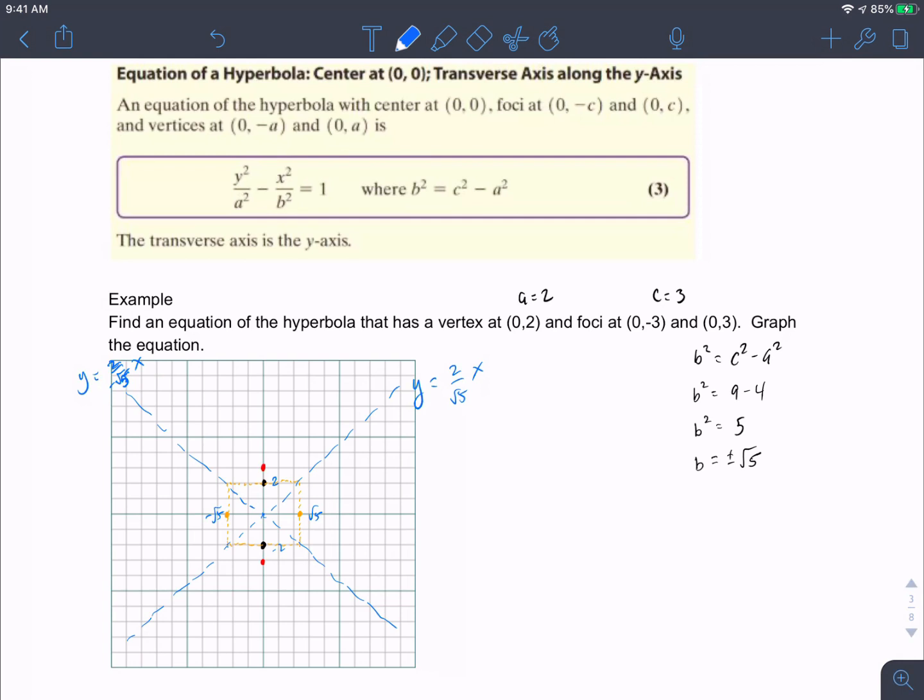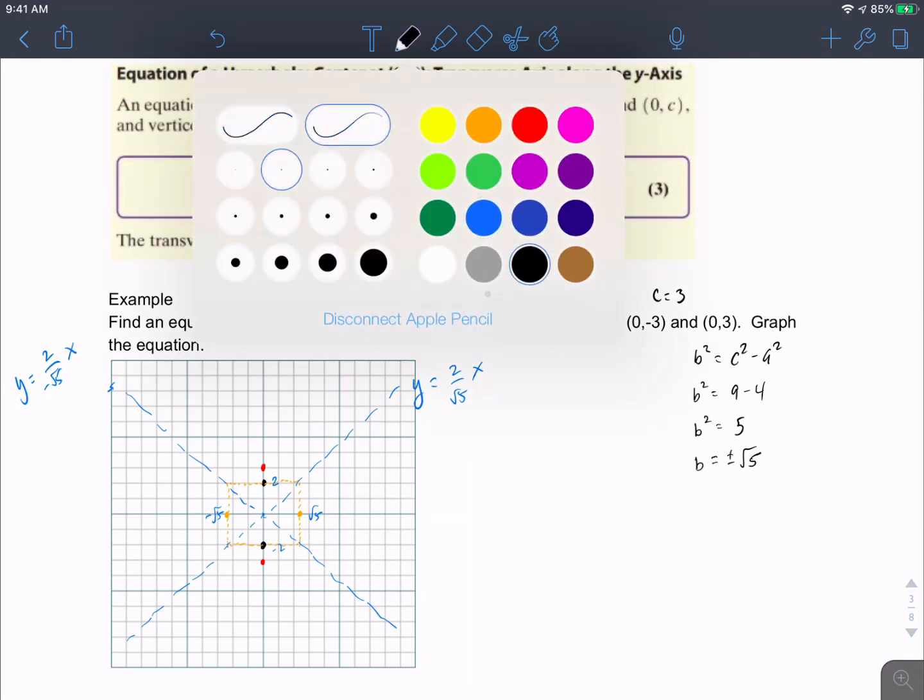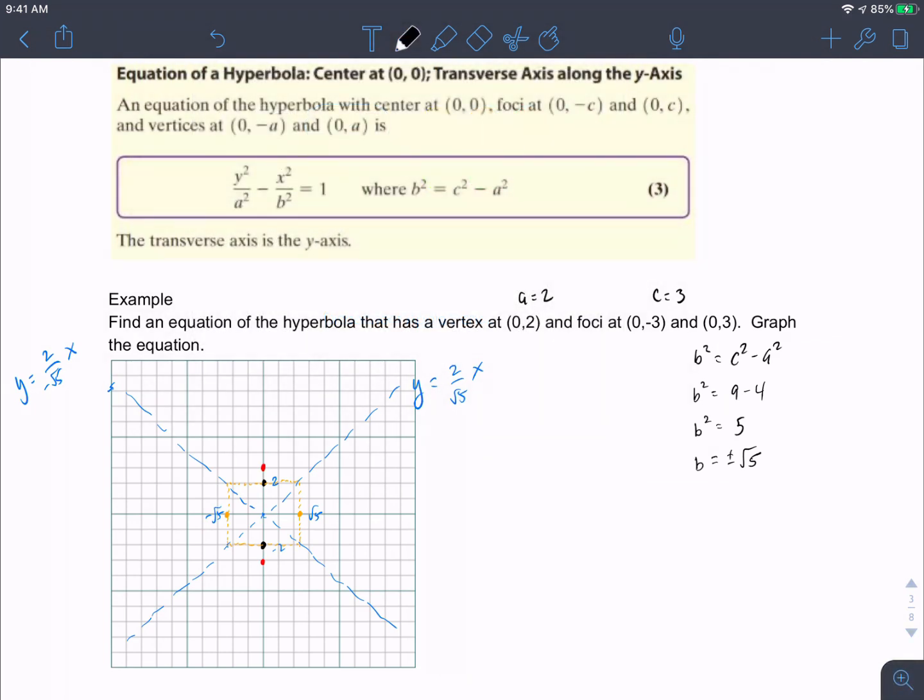I'll rewrite that so we're going to get 2 over negative radical 5 x, and we can see we get the positive and negative values there. Now, in this equation, it's going to open up and down, and so we know that it's going to follow this thing going this way, and then extend this way, and then going down, it'll go this way, and this way.